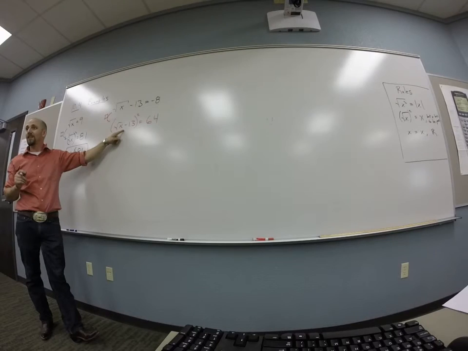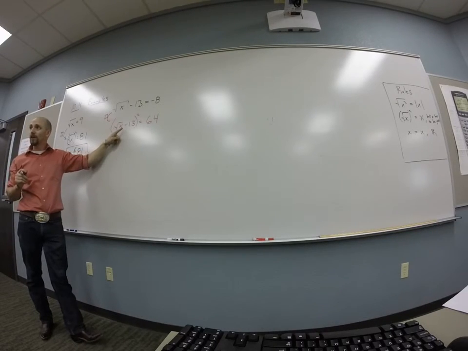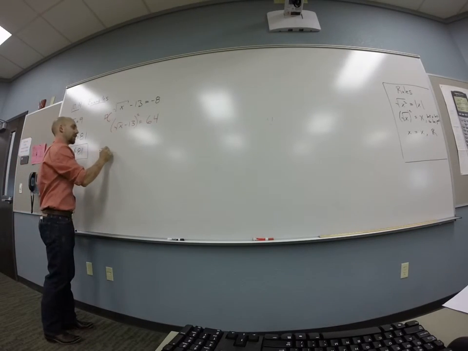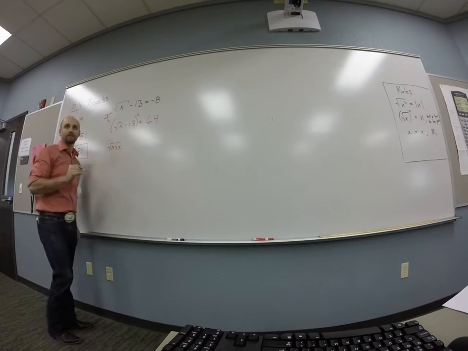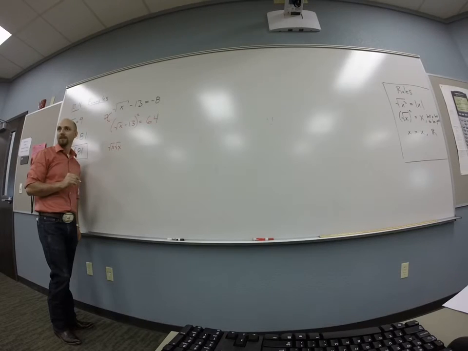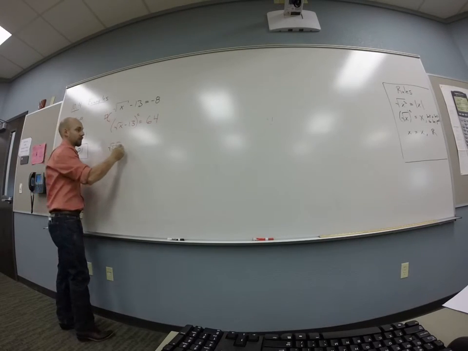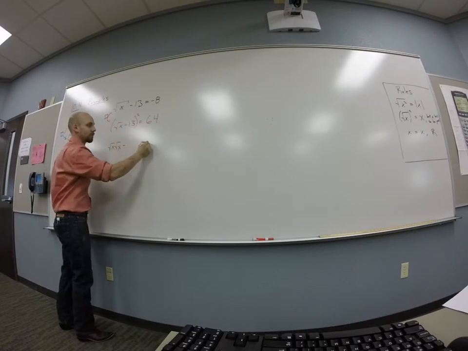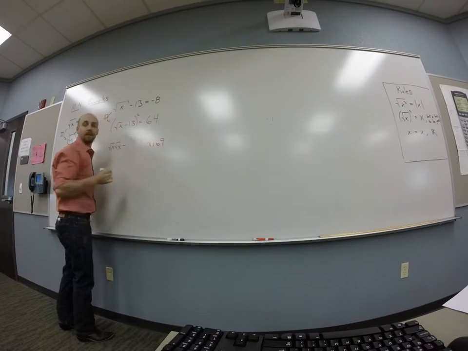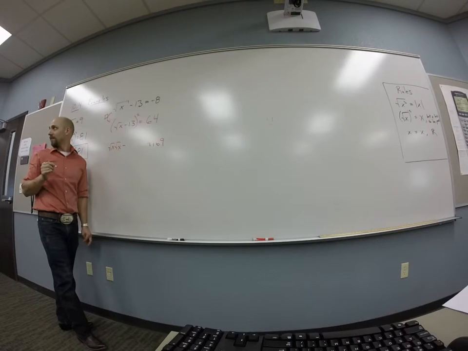You guys see that? So if I FOIL this, I'm going to get a root x, right? That's the first. Then what? Minus 13 times root x, plus 169. What's the middle?